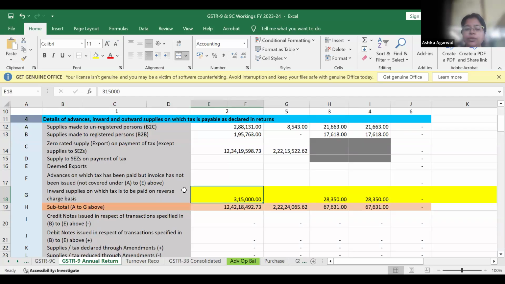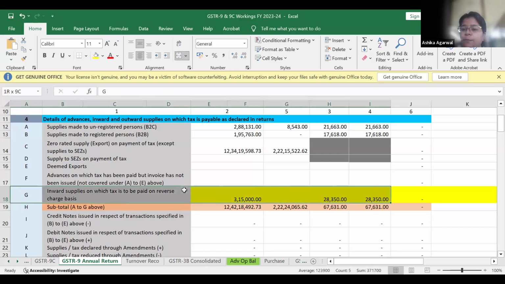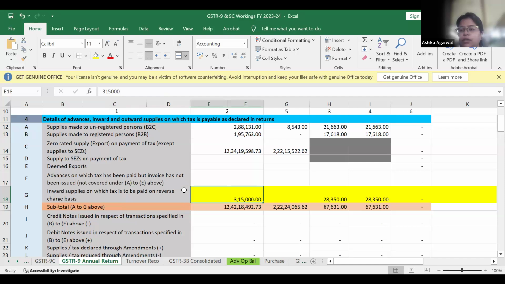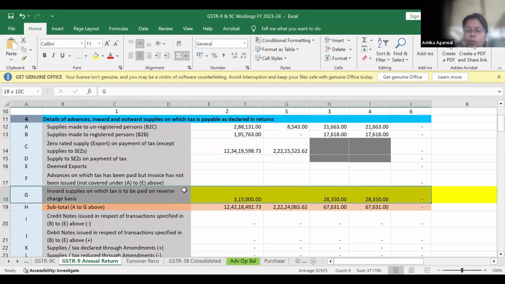I am required to report over here what I have paid, not what I am liable to pay. I will first discuss the reporting, then I will discuss why I am saying this. So if I have paid in 3B, table 3.1D, where I am required to report my RCM liability, what I have discharged through 3B, I will report in table 4G. That is one area of RCM reporting.